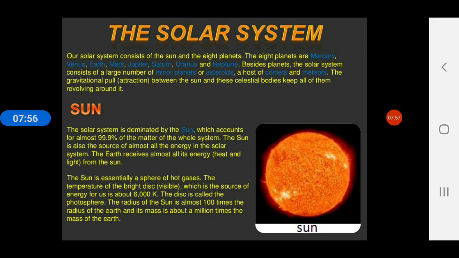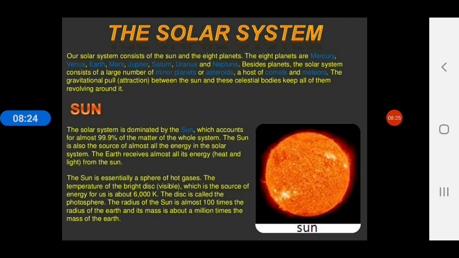The sun is essentially a sphere of hot gases. It is made up of gases. The temperature on the bright disk, which is the source of energy, is about 6000 Kelvin. The temperature on the sun is 6000 Kelvin. The bright disk of the sun that we see, around it, is known as photosphere.